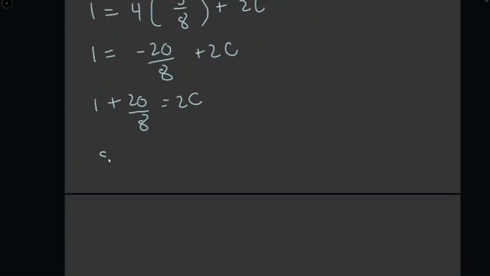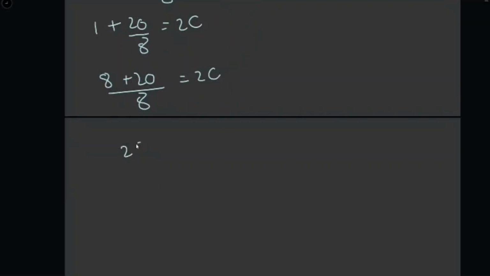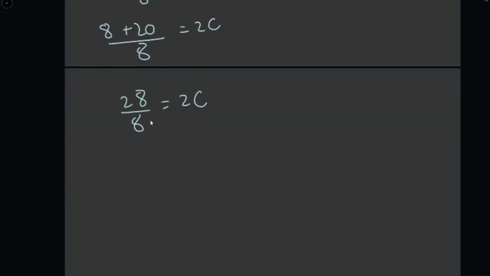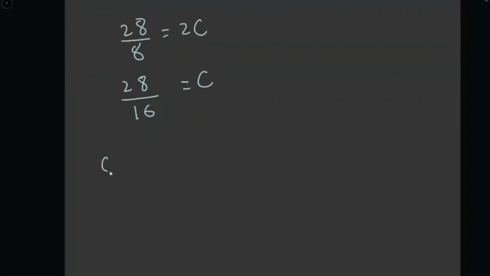And if you solve this further, you get 8 plus 20 over 8 is equal to 2c. 28 over 8, 28 over 16, then you can just simplify this and you would get 7 over 4. So the value of our c would be 7 over 4.